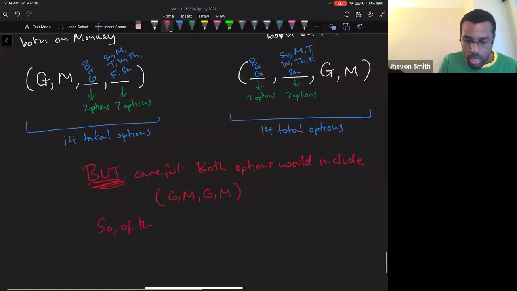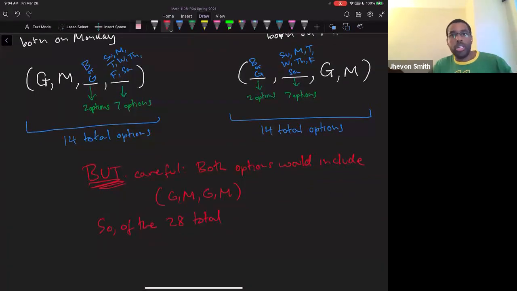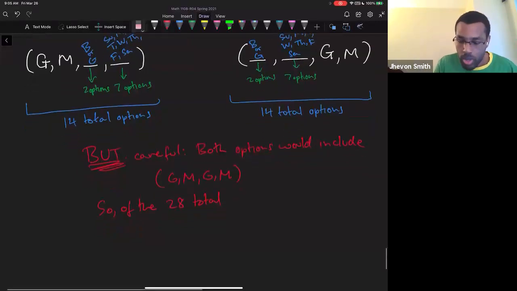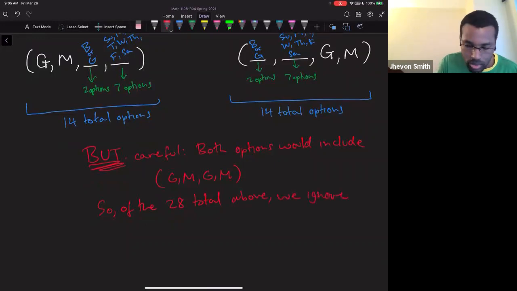Of the 28 total options that I have now, because I have 14 in case 1 and 14 in case 2, one of these is an overlap. There's going to be one that's in both case 1 and case 2, and I'm going to ignore it for one of the cases. Out of the 28 total above, we ignore the overlapping case.